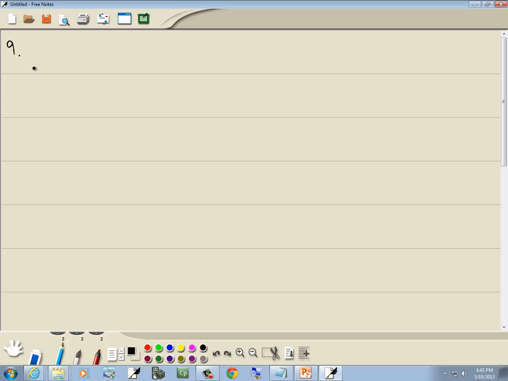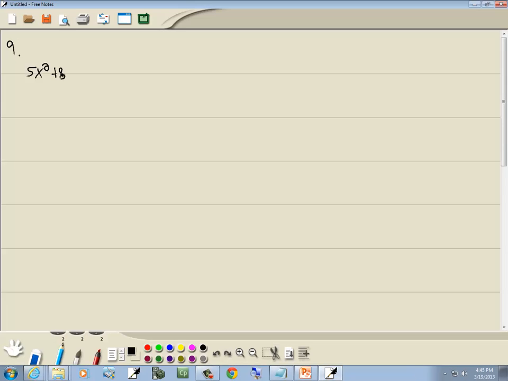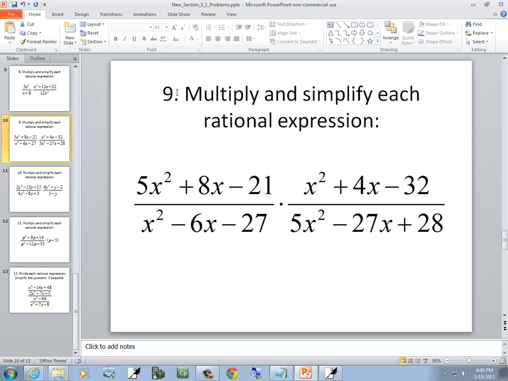We've got 5x squared plus 8x minus 21 over x squared minus 6x minus 27, times x squared plus 4x minus 32 over 5x squared minus 27x plus 28.